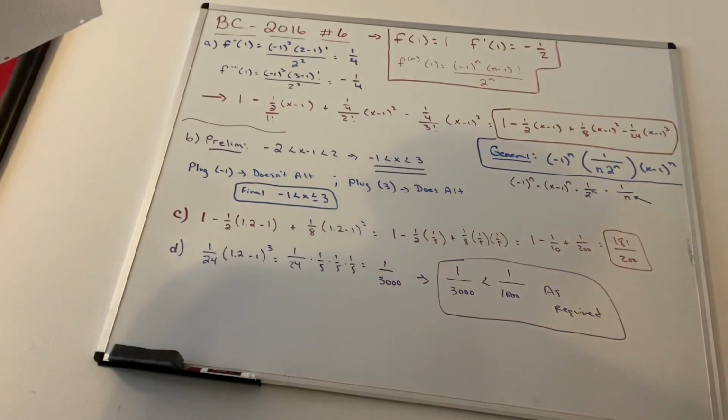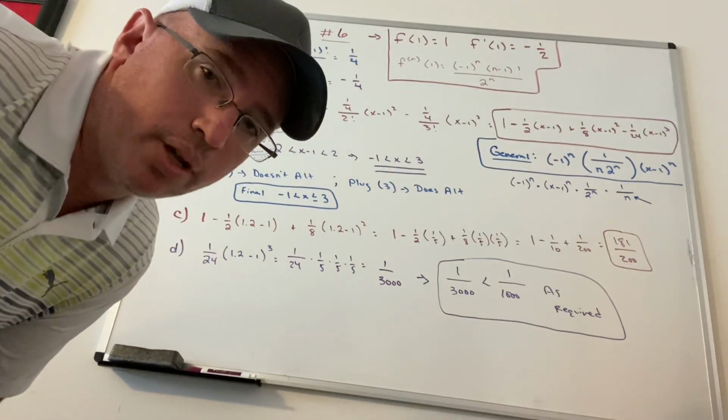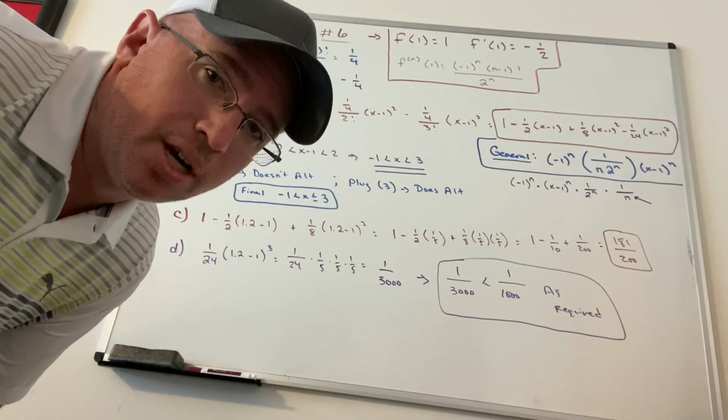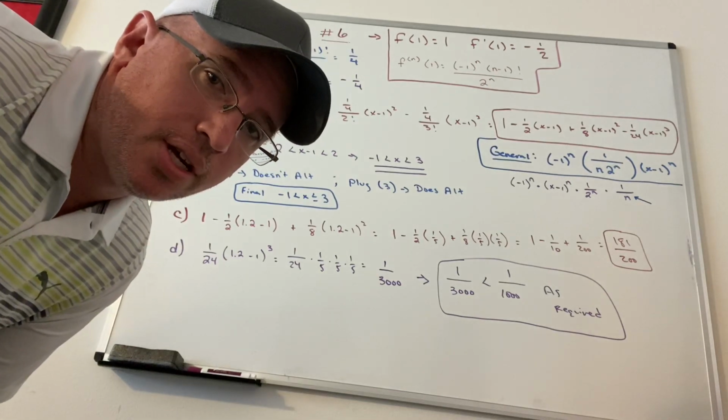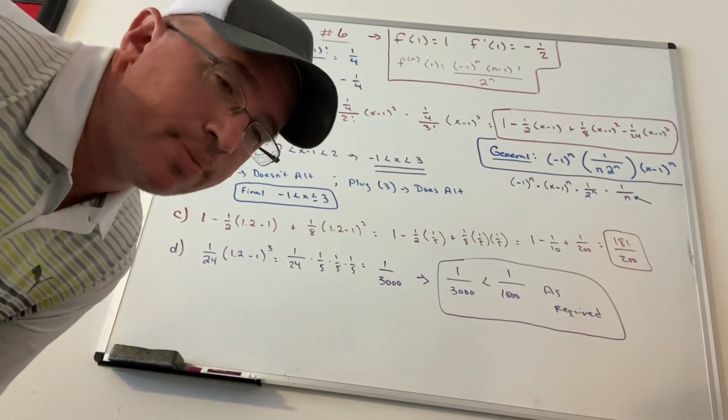And then part D says, show that the approximation found in part C is within 0.001 of the exact value. This is alternating, so you can just figure out the absolute value of the first term left off and see if your approximation is within those bounds. That's your Lagrange error bound.